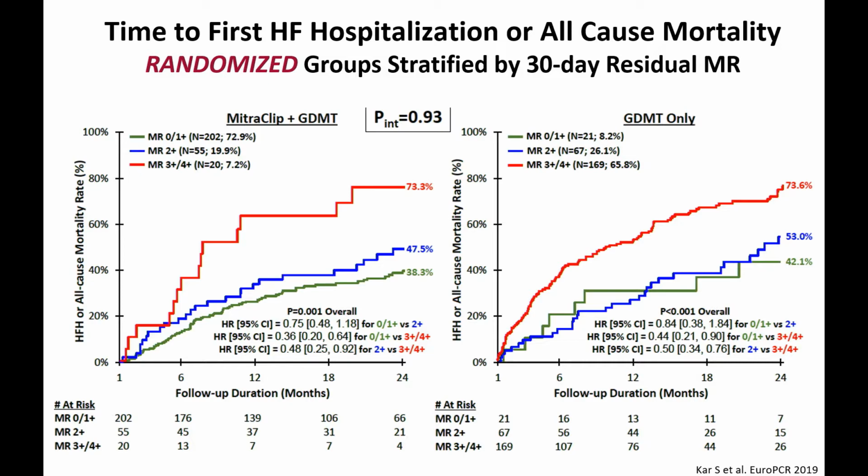What you see clearly here is that the outcome is similar between patients having either mild or moderate, grade 2 MR at 30 days post the therapy or post the randomization. Only in those patients in whom the residual MR was 3 and more was the survival compromised despite the intervention.